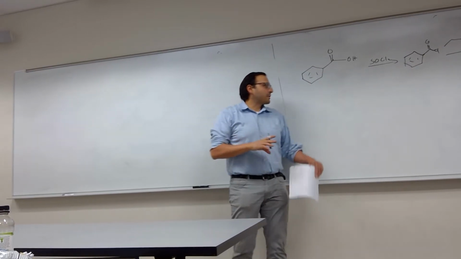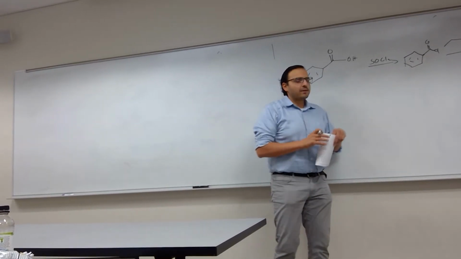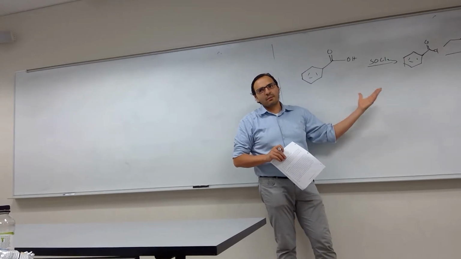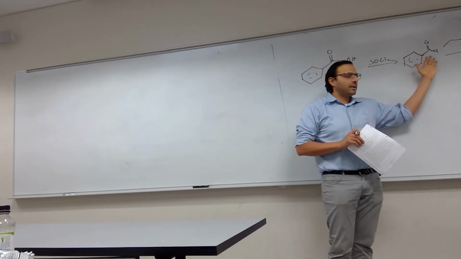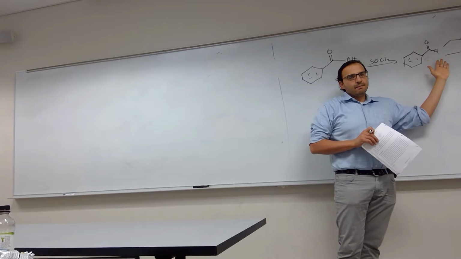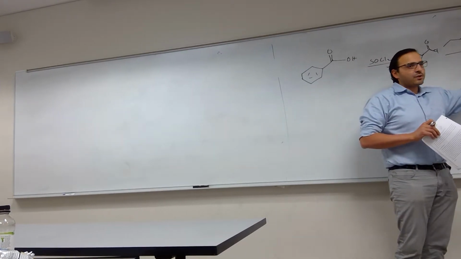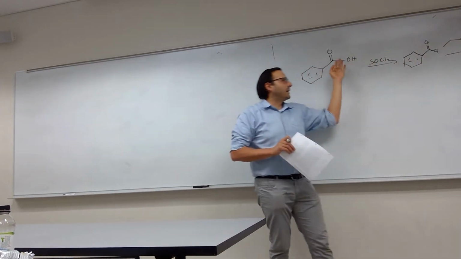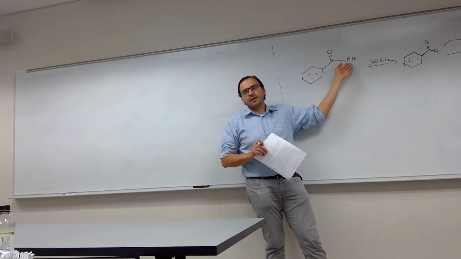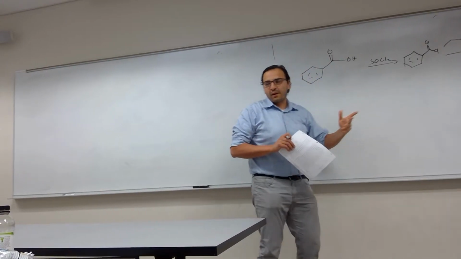Right, so the main thing I want to start reminding you about with carboxylic acid chemistry or carbonyl chemistry is how you can get to the acid chlorides. And then from the acid chlorides, start functionalizing the disposition. Right, and you can also do esterifications.